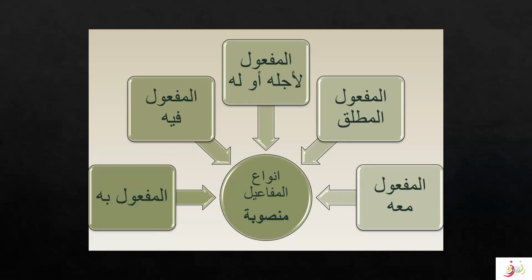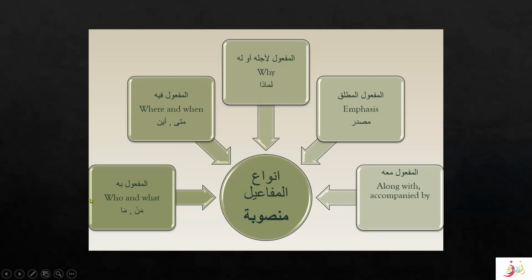So here, these are five maf'ul, and what are they? Maf'ul bihi gives the answers to who and what in a sentence. Inshallah, we'll see it in the explanation. And maf'ul fihi gives the answers to where and when, mata and aina. Maf'ul li ajlihi or lahu is why, limaza.